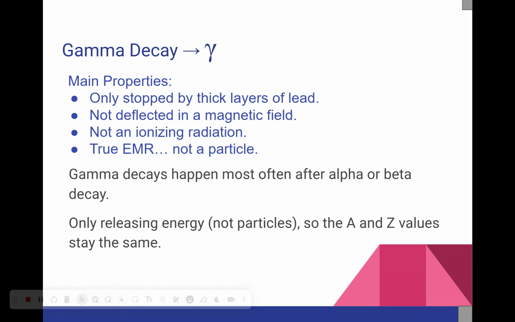So to reach a lower energy state, it basically just barfs out this burst of energy in the form of a gamma photon, a single burst of energy coming out that does have quite a bit of energy, so quite a high frequency. But because it is not a particle, it does not have any A or Z values of its own. So when we look at the A and Z values of our daughter nucleus, it's still the same as what we started off with.